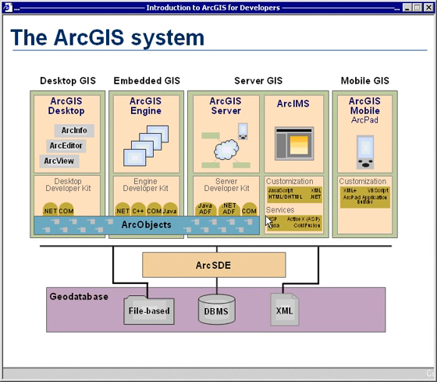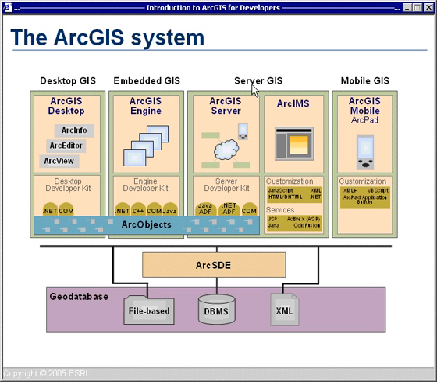If we take a look at the complete ArcGIS system, it's divided into several sections. First, Desktop GIS, which includes ArcView, ArcEditor, and ArcInfo. Embedded GIS, which is purely for developers creating custom solutions.